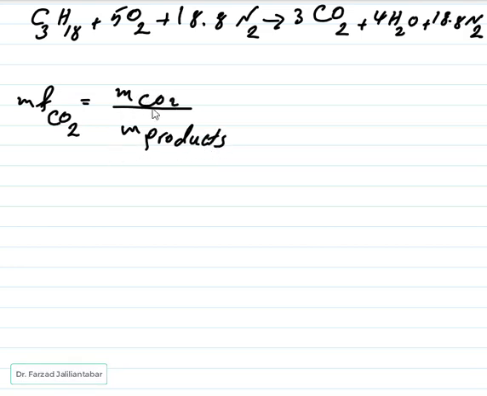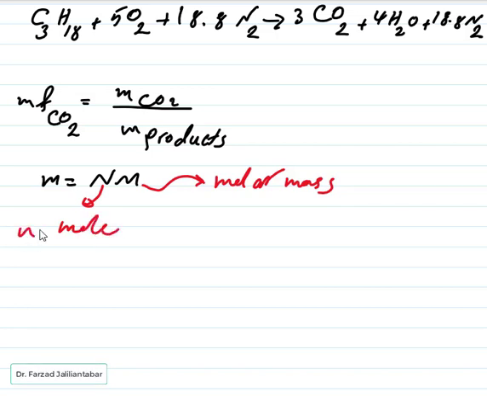How can we calculate that? If you remember from the lecture session, the mass of any material is equal to N times M, where M is the molar mass and N is the number of moles of the component.